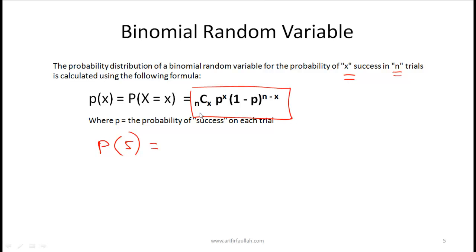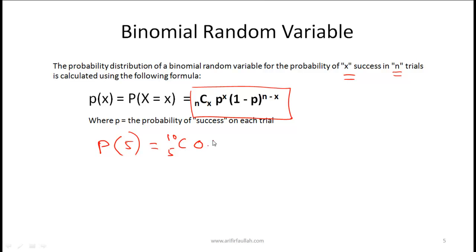So the probability of getting x successes in n trials is nCx times p to the power of x. P, remember, is the probability of success. X is the number of successes. Times 1 minus p to the power of n minus x. Now what's P5? So P5 would be 10C5 times p, which was the probability of success.